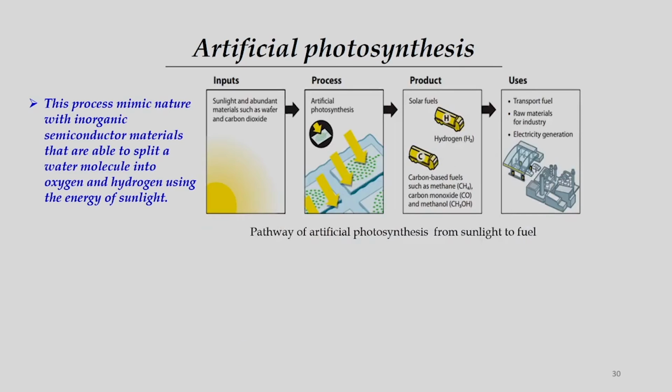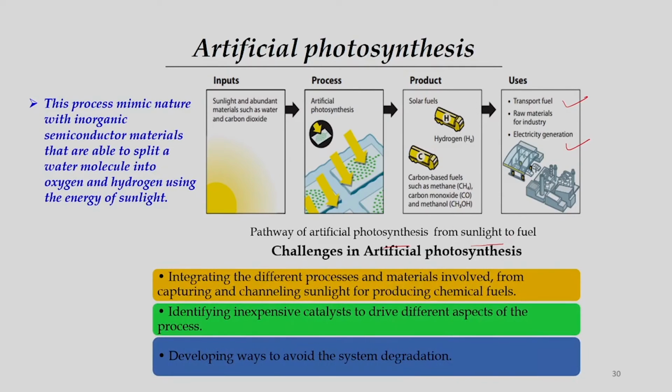So, input is sunlight, then we have artificial photosynthesis, then the product is solar fuel like hydrogen or carbon based fuel, and finally we have transportation fuel, raw material for industry, or electricity generation, as we have already understood. This is the pathway of artificial photosynthesis from sunlight to fuel. So, what are the challenges in artificial photosynthesis?